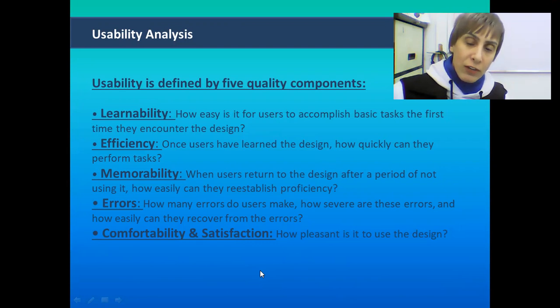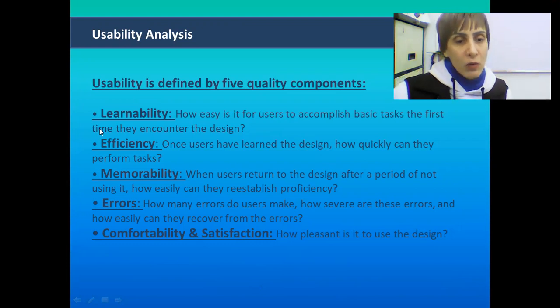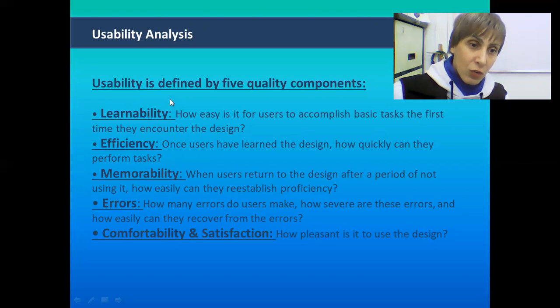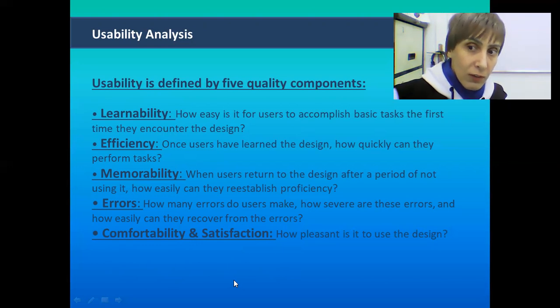If you're happy using a device, it kind of means it's usable in a way, it's easy to understand, it's easy. Now, if all of these are met successfully, then most likely you will be happy using the device. But if you have a lot of problems here, then maybe you will have issues here.